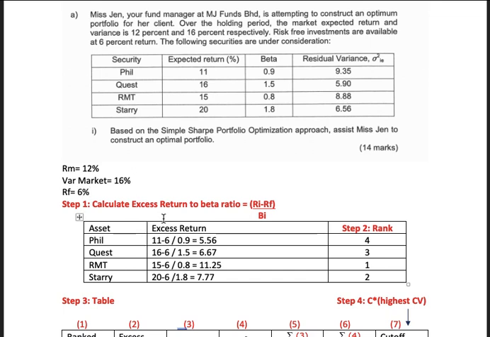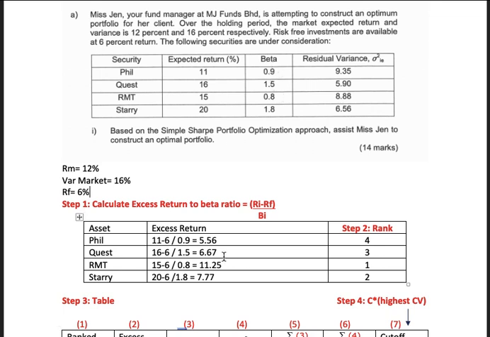To calculate the excess return to beta, RI minus RF divided by beta I. The expected return here in this column is the RI. RF is given as 6%, so you minus RF and then divide by beta I. Beta I is for the respective asset. So for Field, RI 11 minus 6, the risk-free rate, and then divide by the beta, 0.9.